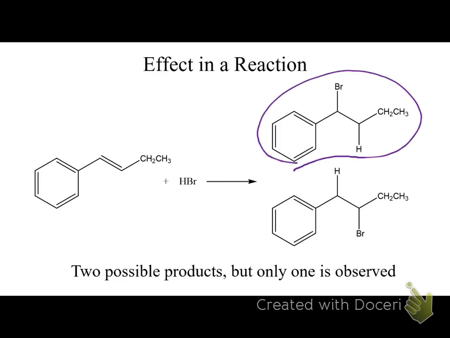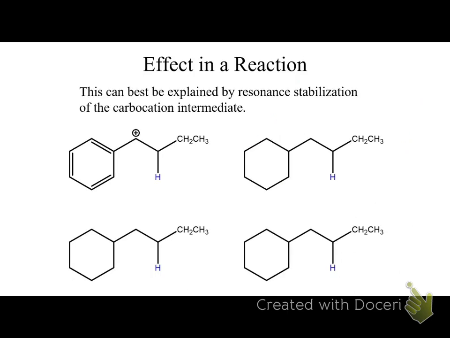The reason for that, let me make sure I don't have that on the next slide, hang on. Yeah. Is that when that hydrogen adds, right, it forms a carbocation that can delocalize into the ring. And the reason for the difference, like the major and the minor product, was stability, right?